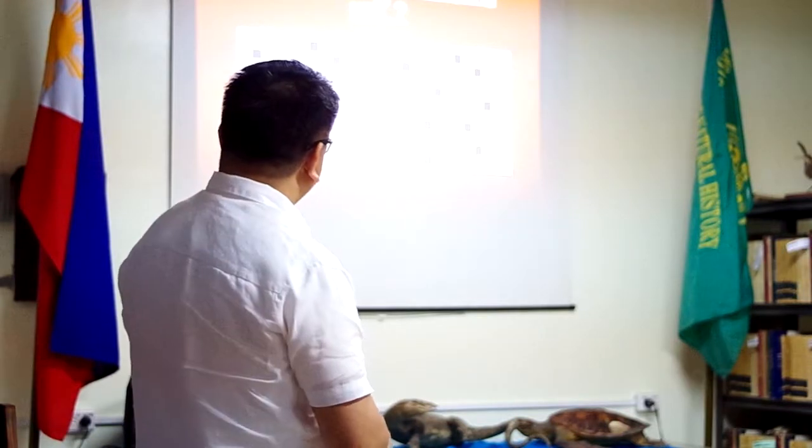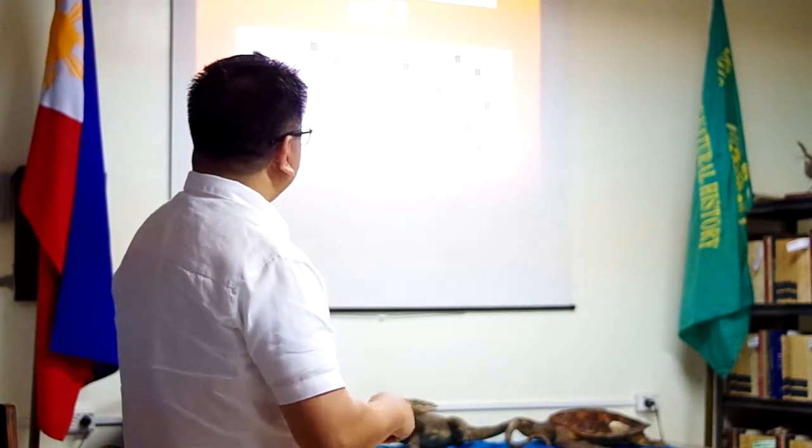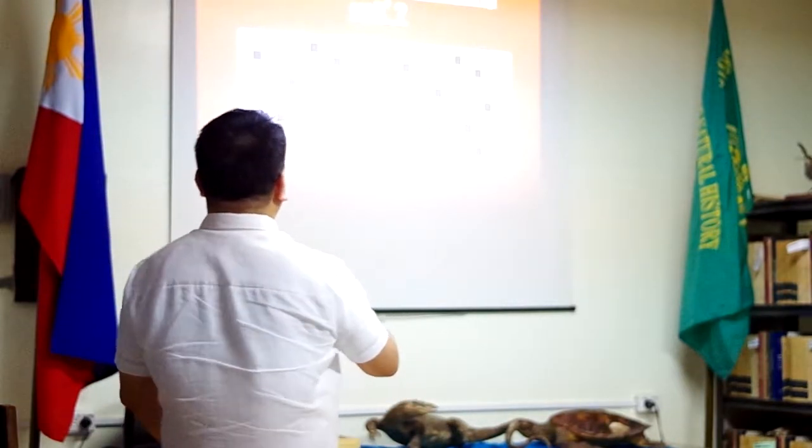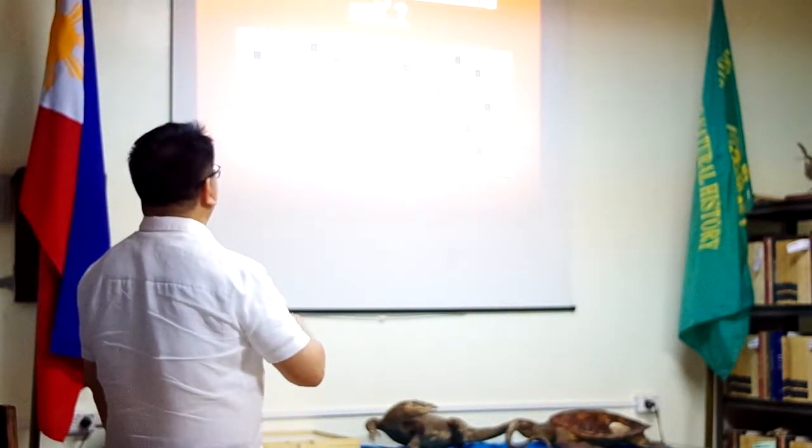And of course, ito yung mga species mo na target. In your sampling design 1A, ano yung occupancy ng species na to? Ito yung sampling unit. 1, 2, 3, 4.